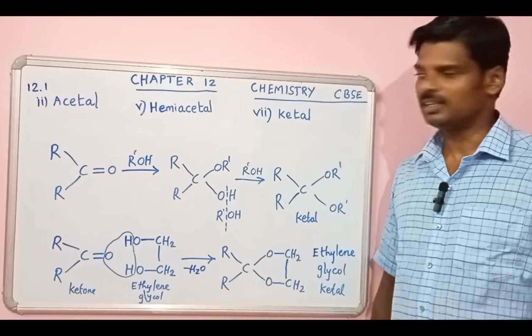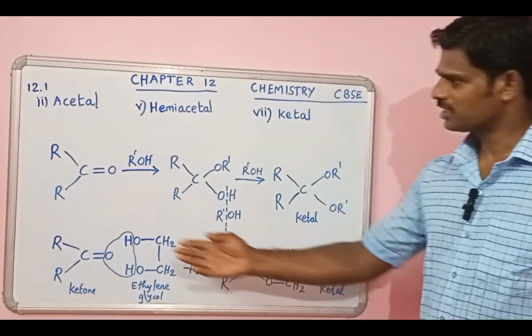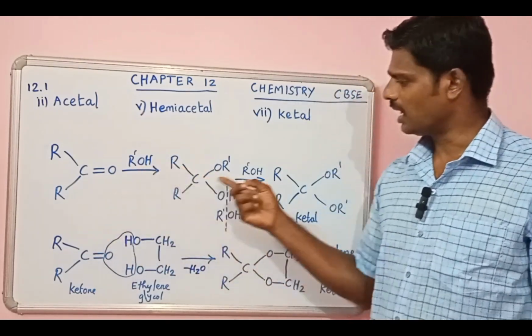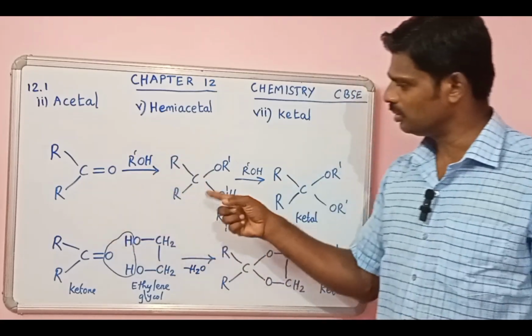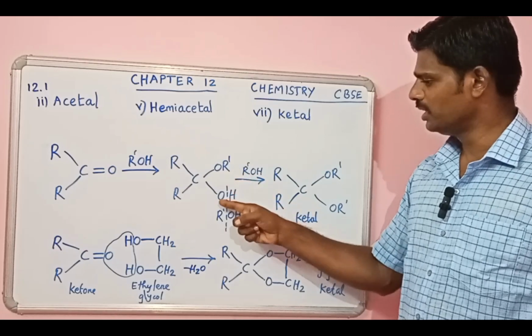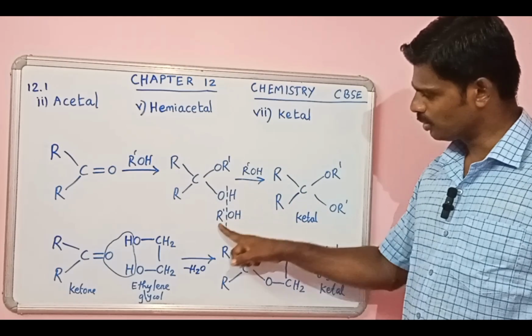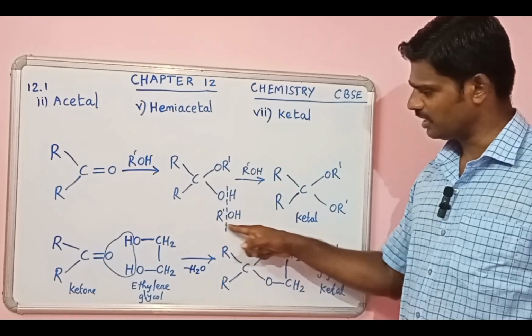Like acetal, the ketal will be formed by the reaction between the ketone and the alcohols. So 1 mole of alcohol reacts with the ketone, and the OR group will be attached. In the second step, the OH group, I have written here, this OH with ROH.